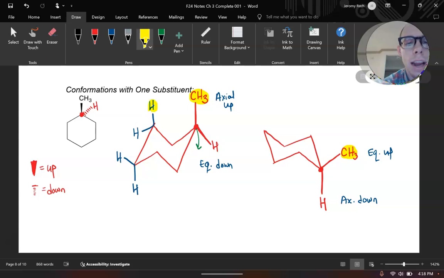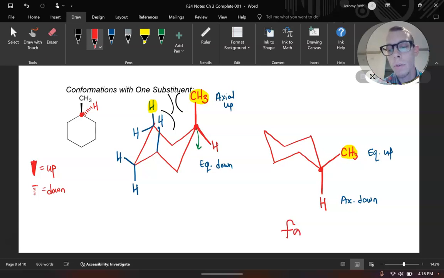So this hydrogen here is going to have some steric clash, and then there's another hydrogen here which is going to have some steric clash, which is not favorable for putting our CH3 there. If we put it in an equatorial position, it's going to be a lot more stable. So of these two different drawings, our most stable, which maybe I'll just write the word favored, is going to be our right one, because our big bulky group is going to be in an equatorial position.